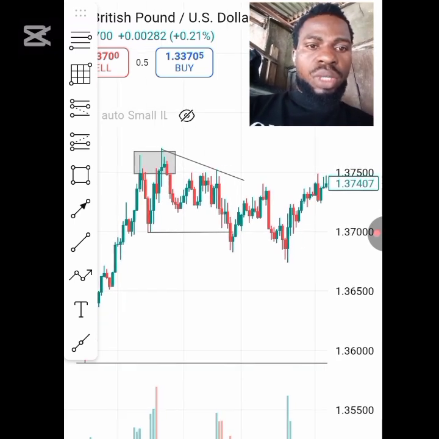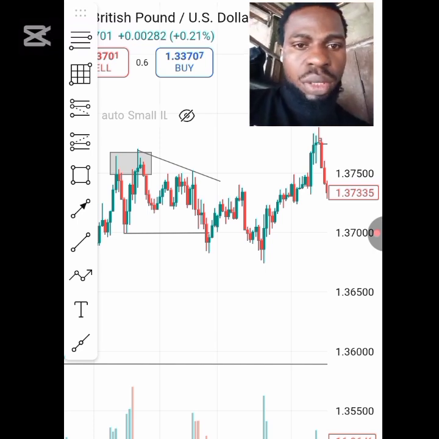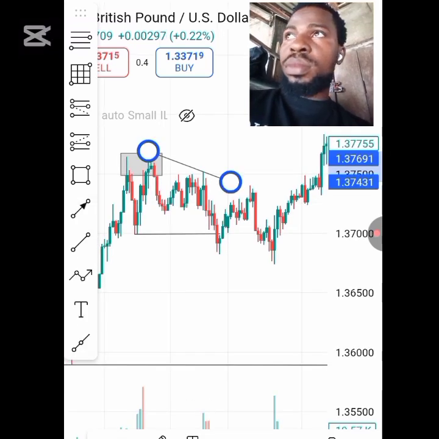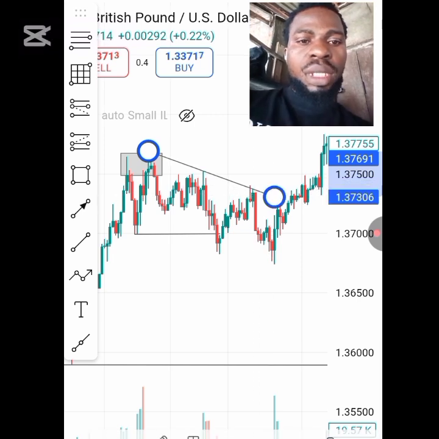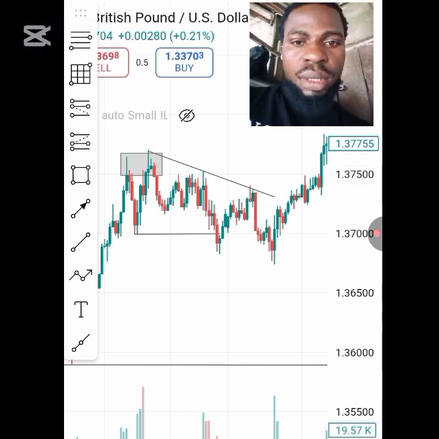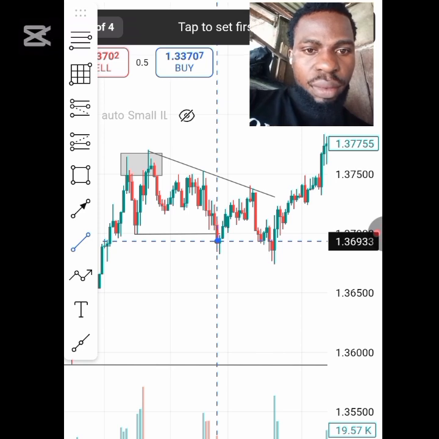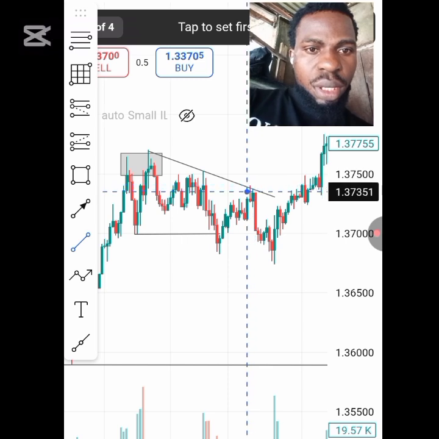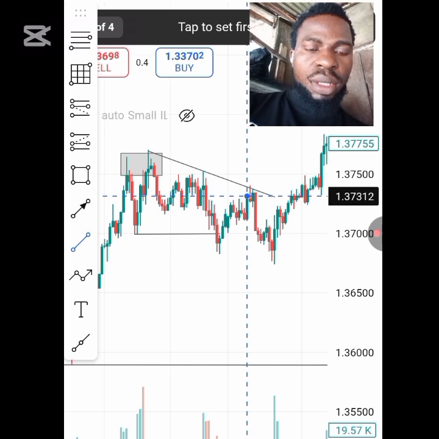So what you do now, you mark your trend line and wait for the price to touch the trend line. Wait for the price to touch the trend line here. And with a wick, which is the rejection, then you now sell.